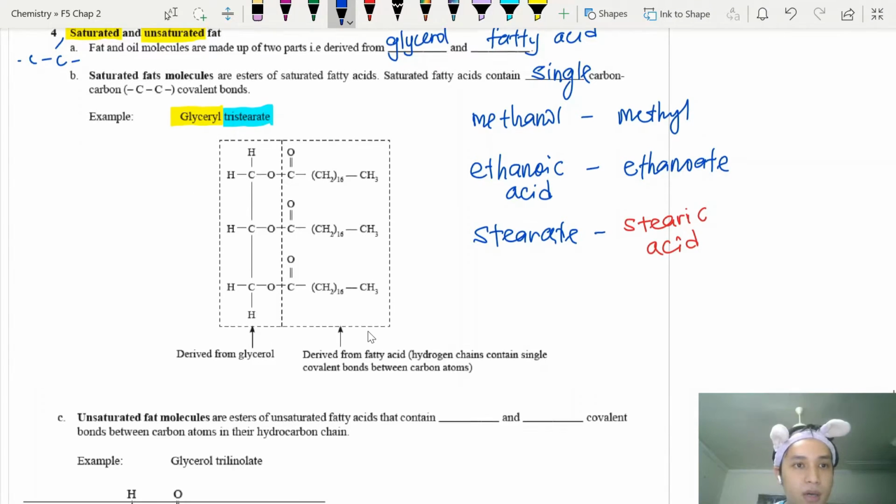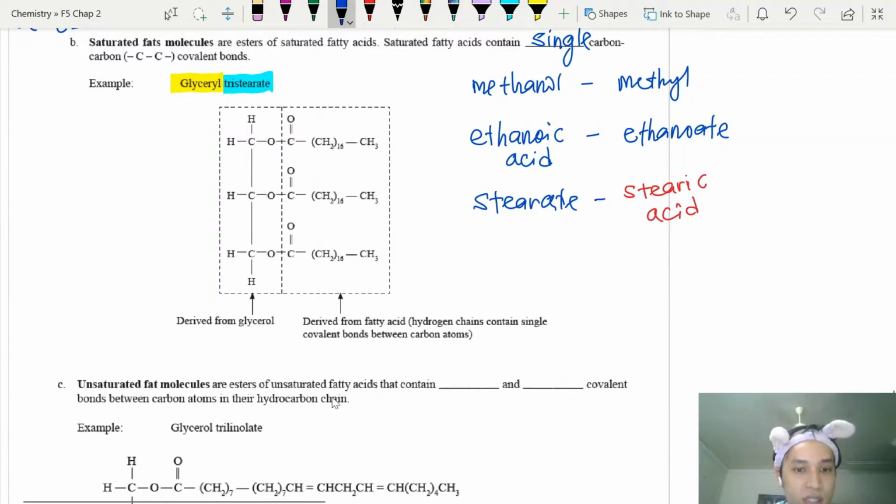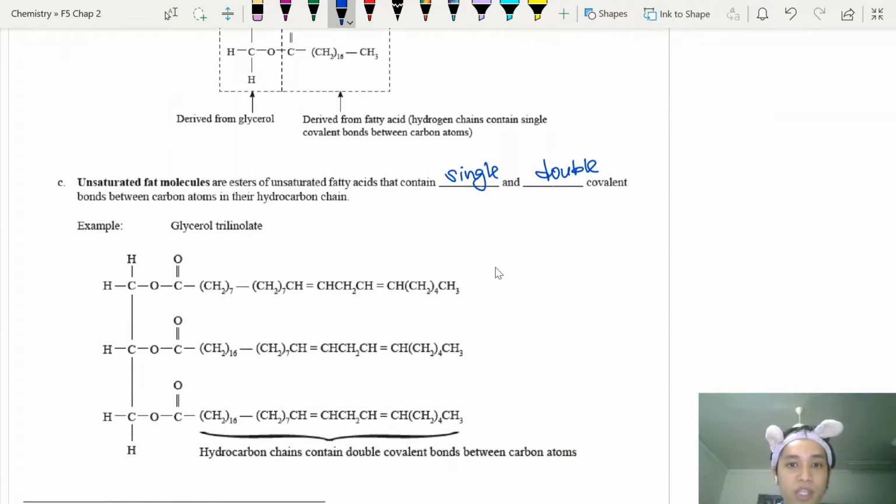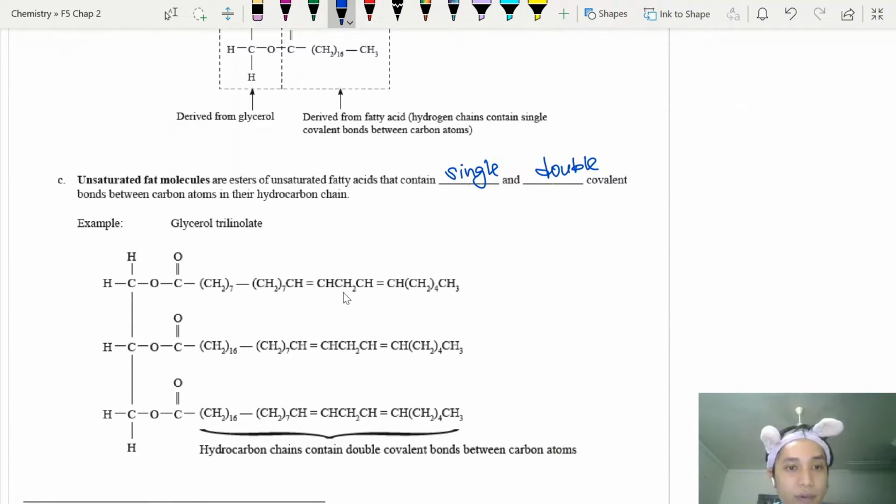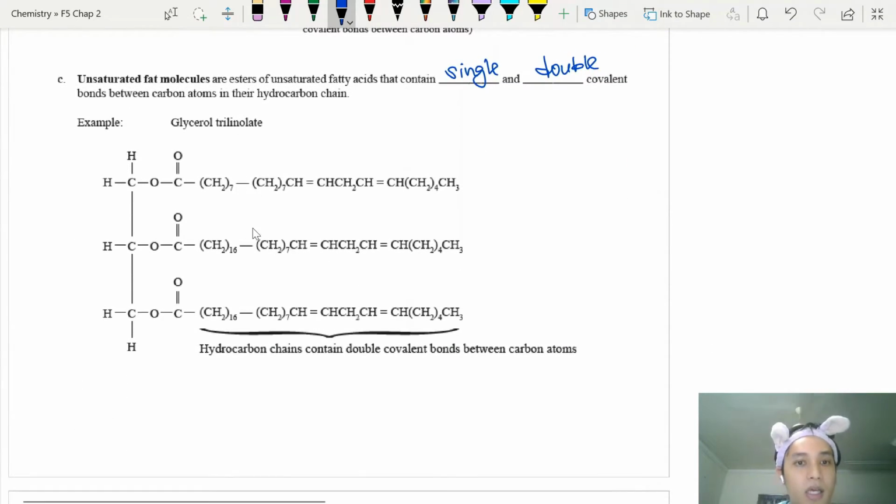Now in the case of unsaturated, you have both single and double bonds. For unsaturated fat molecules, you have double bonds in the fatty acid, for example like this. There's a mistake in the name here.